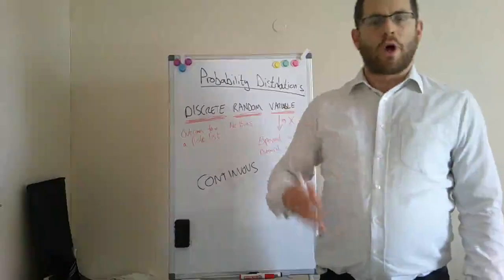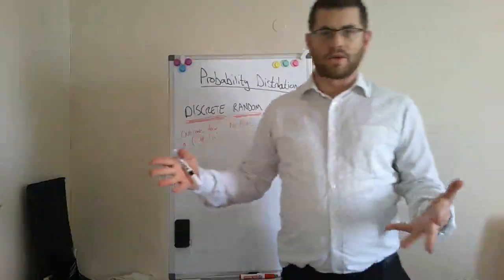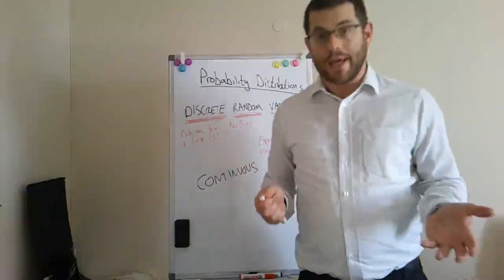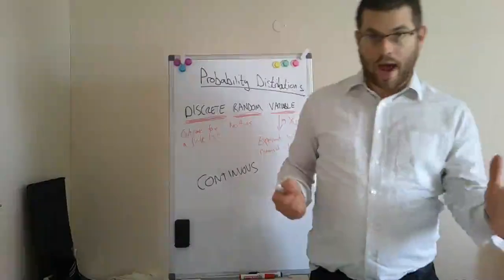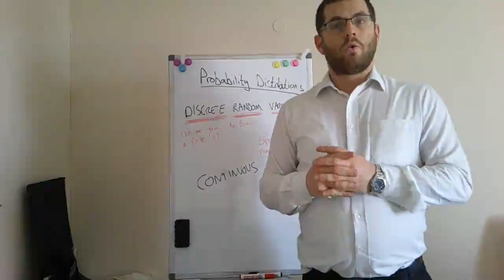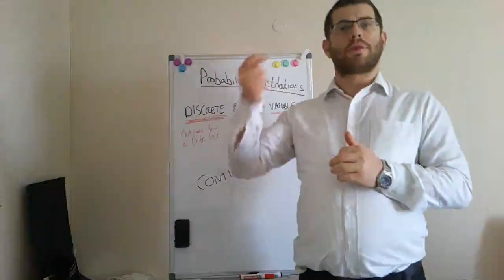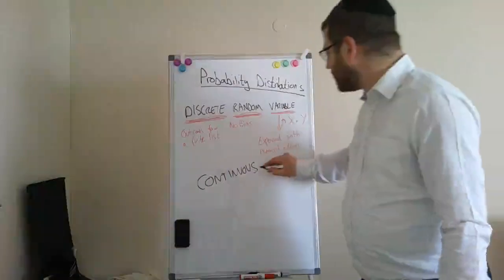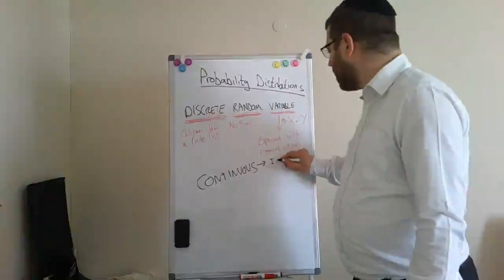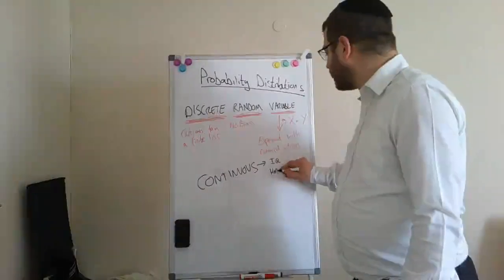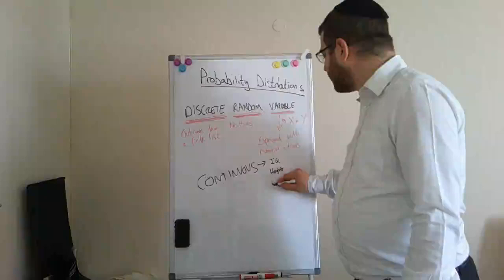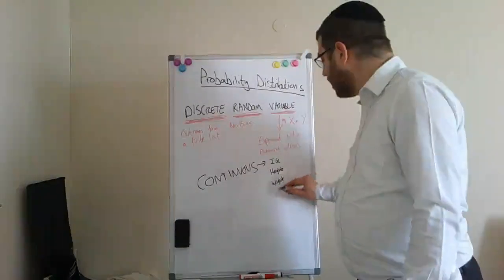And although there is a certain range of values that the weight of a baby might be, it might be between X and Y, it could take any value in between. The same with height, the same with IQ. So things that are continuous are things like IQ, height, weight, even age.